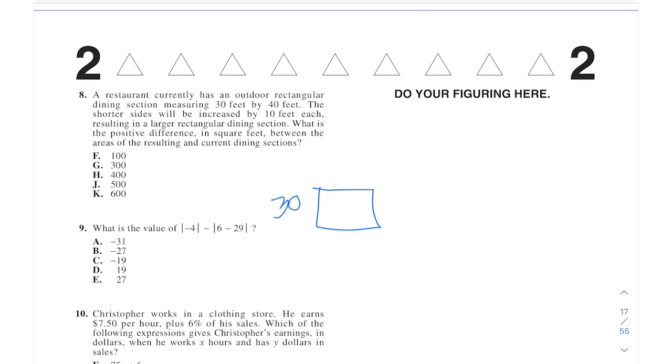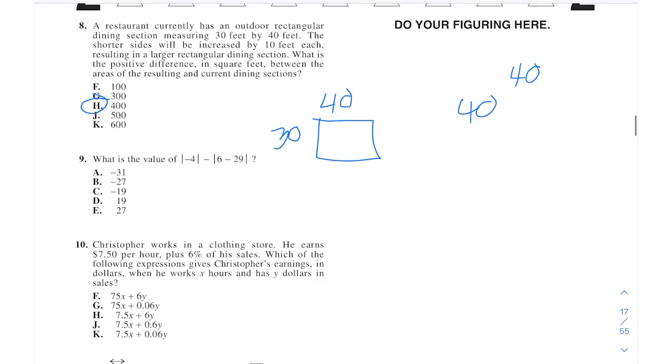So 30 by 40 for this rectangle for number 8. So if the shorter sides are increased by 10, then it would be 40 by 40. So that's 1600 compared to 1200, 400.